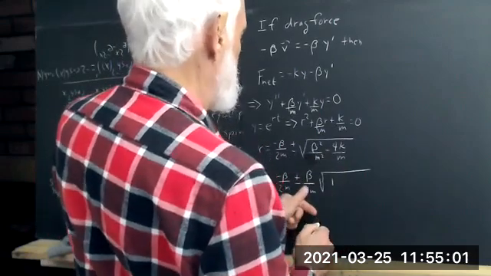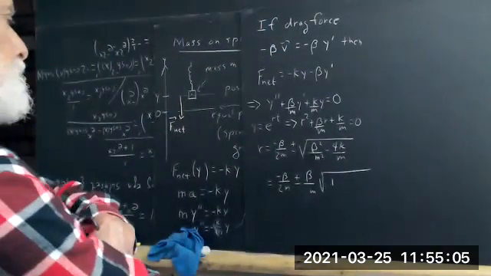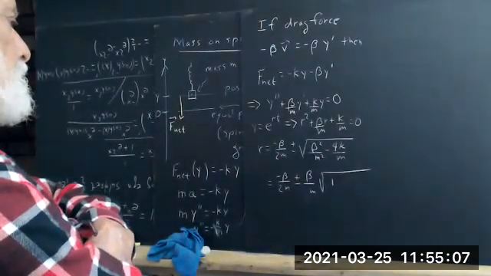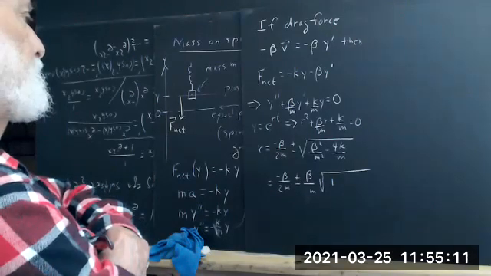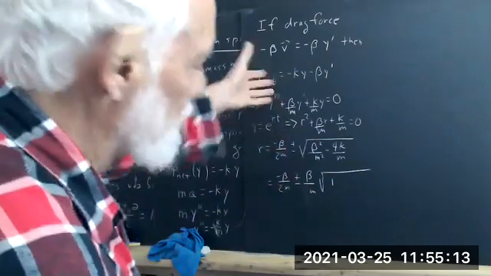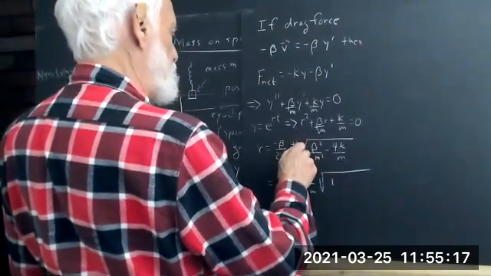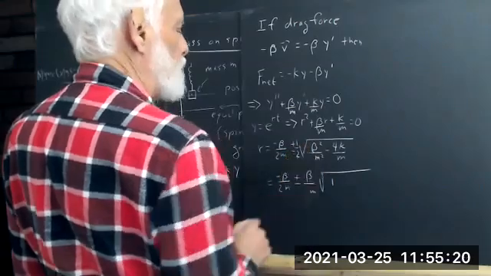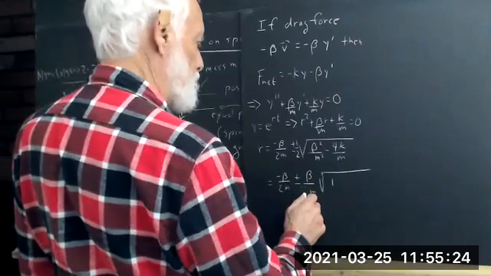So it's going to be a beta over m. Now, wait a minute. Yeah, you've got the 2 in the denominator. So you've got a 1/2 here.